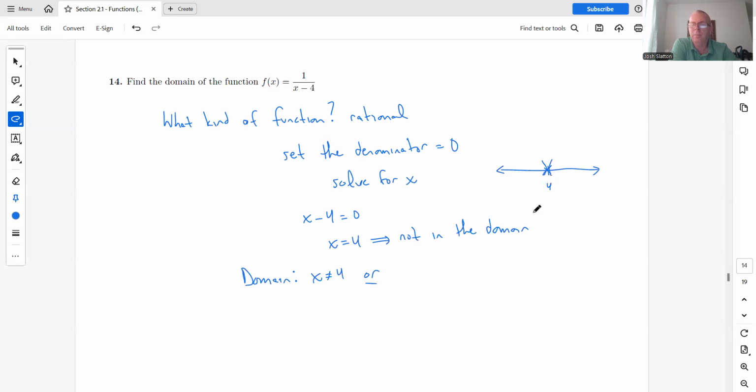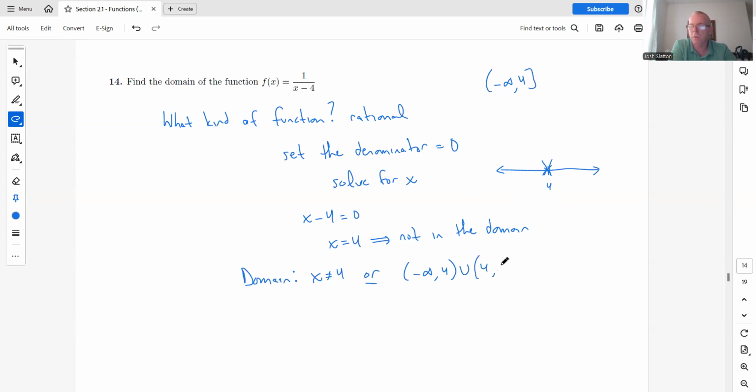That means negative infinity to 4 is in the domain. And remember from algebra, the parentheses here mean we're not including the 4. A bracket would mean you are including the 4. This one means we are not including the 4, because it's not in the domain.